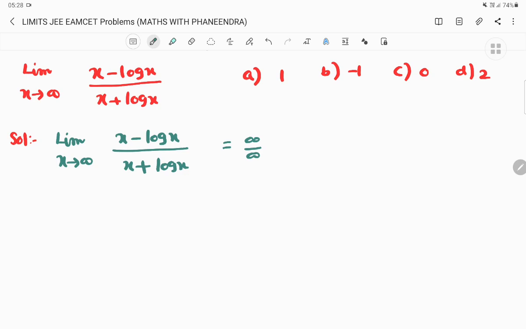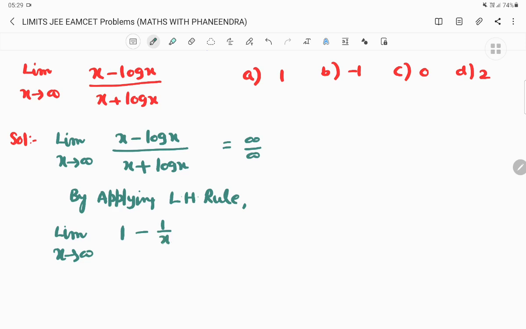So by applying L'Hospital rule, LH rule, limit x tends to infinity, d by dx of x is 1 minus d by dx of log x is 1 by x, divided by d by dx of x is 1 plus 1 by x.